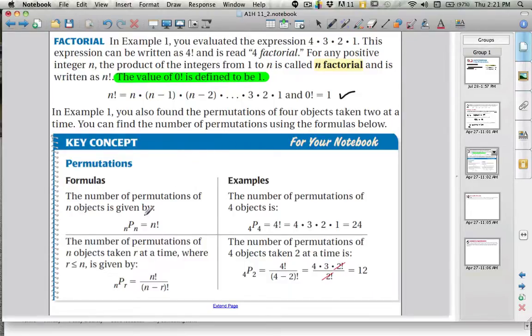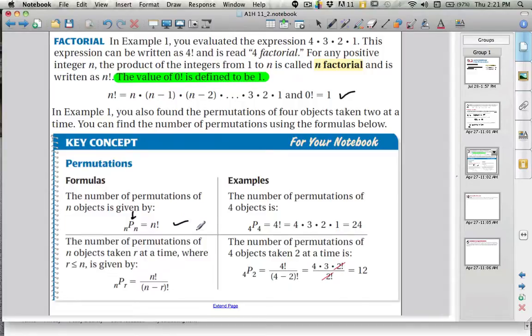So when we want to talk about permutations, we use the capital letter P to denote this. When we were working with the letters, we were looking at n objects in sets of n, right? So we had a word with 4 letters, and we were arranging all 4 letters. That just becomes the factorial of n.